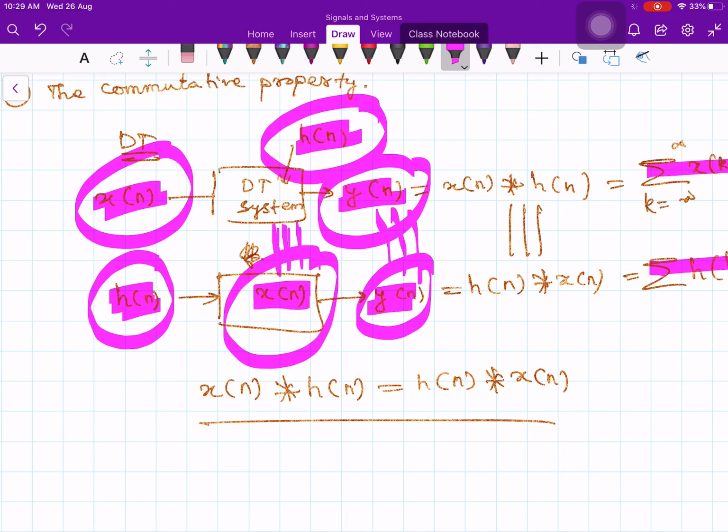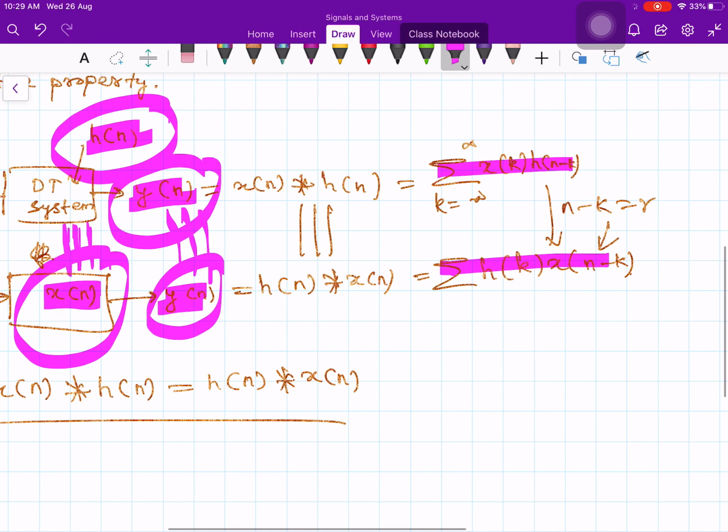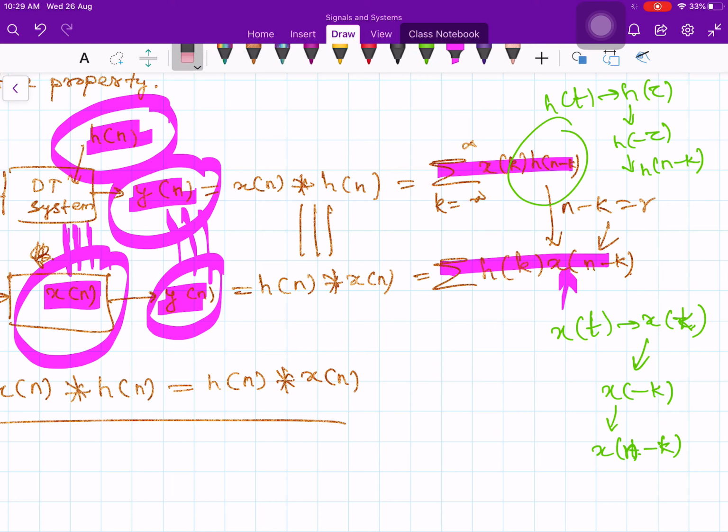So, for example, we could have calculated the convolution by first reflecting x of k to x of minus k, then shifting to x of n minus k. Here what we did was h of t to h of tau, then h of minus tau, then h of n minus k.